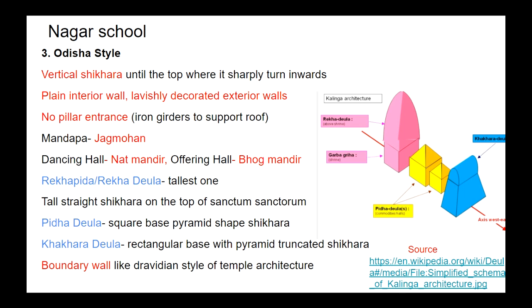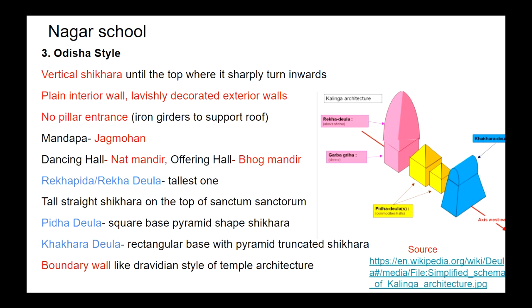And in Nagar style temple architecture, we learn three different types of sikhar. In Odisha school, again we found three different types of sikhar. One is Rekha Pida or Rekha Dula, and it was the tallest one among the three divisions of Odisha style sikhar.